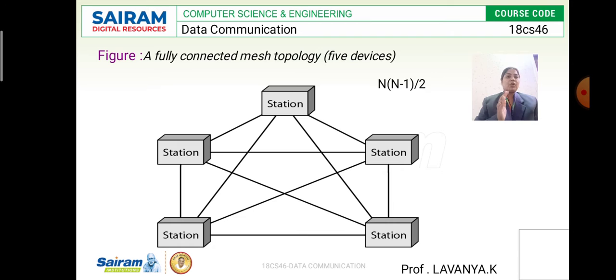So here node 1, node 2, node 3, till node n, all are connected to n minus 1 nodes. So we get n into n minus 1 physical links to make the transactions.